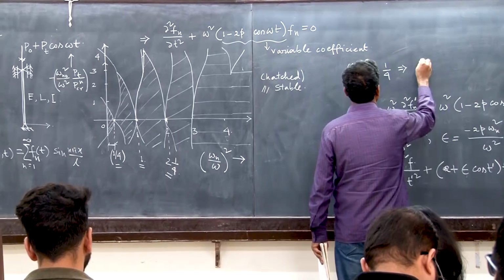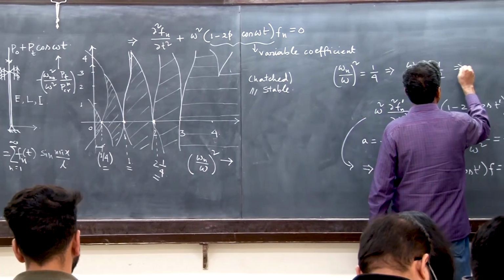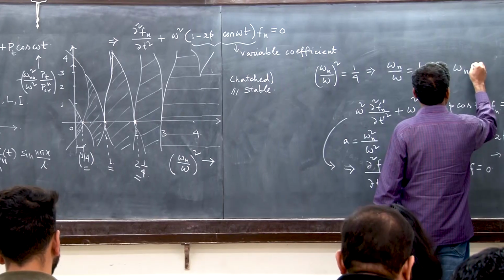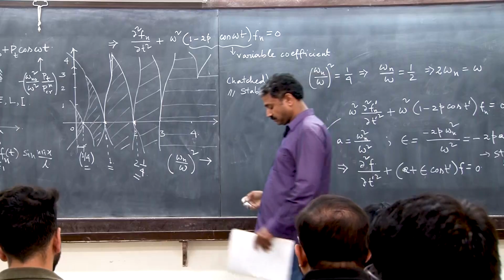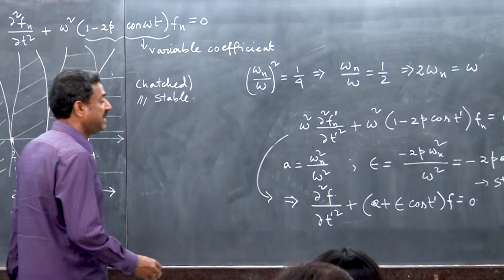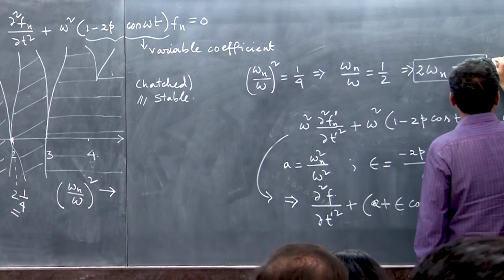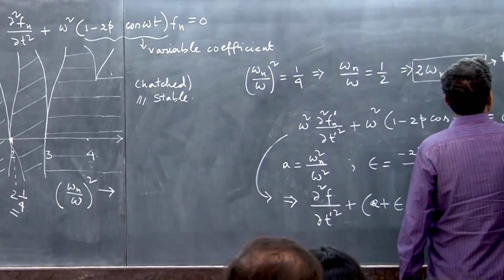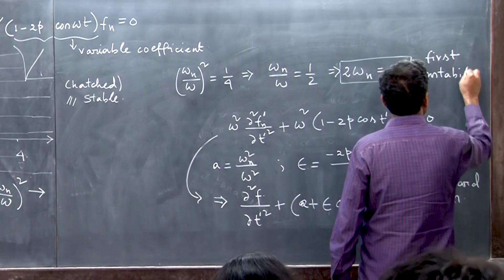So what does it mean? That omega n by omega is half, and then omega is equal to 2 omega n. So what does it mean? That means this is where the first instability sets in.